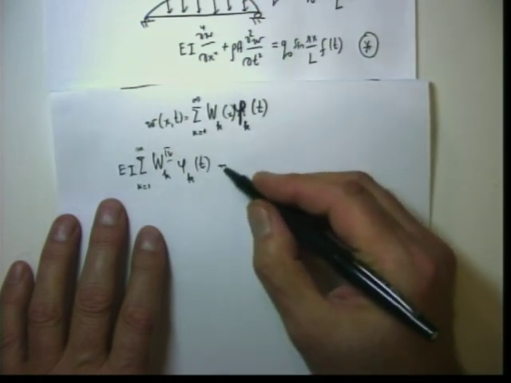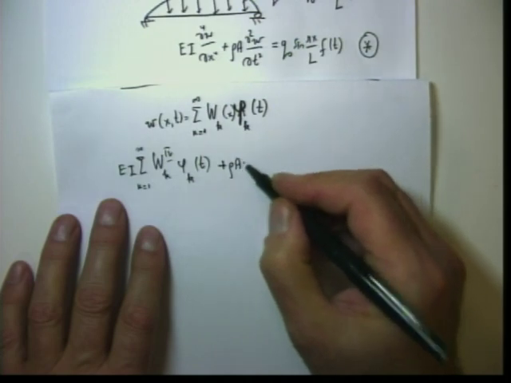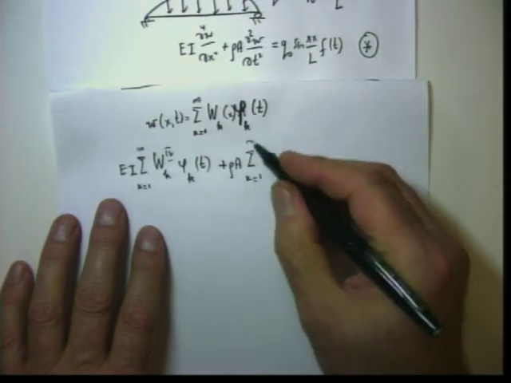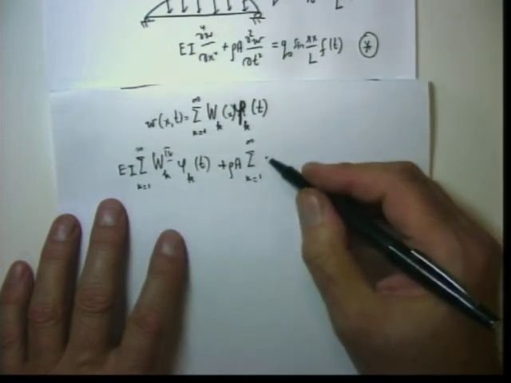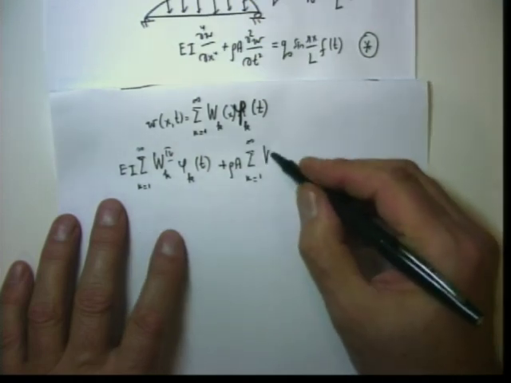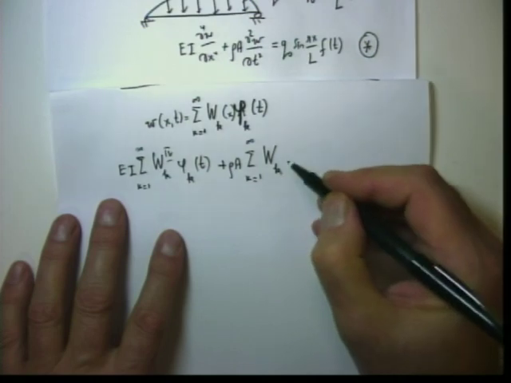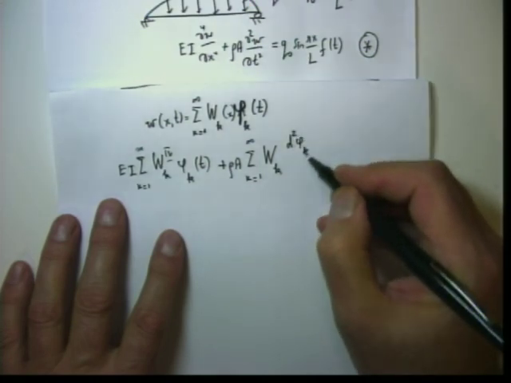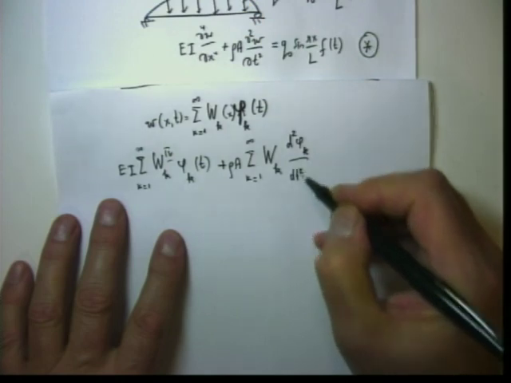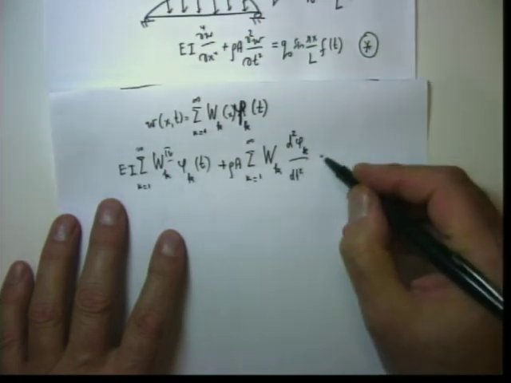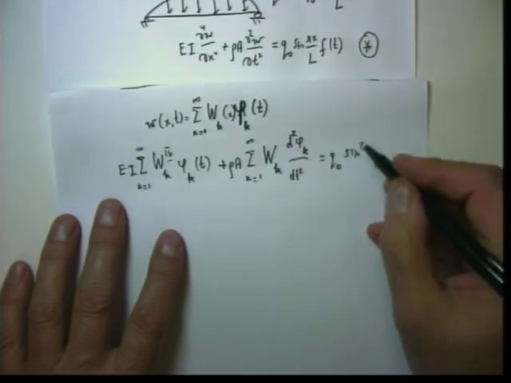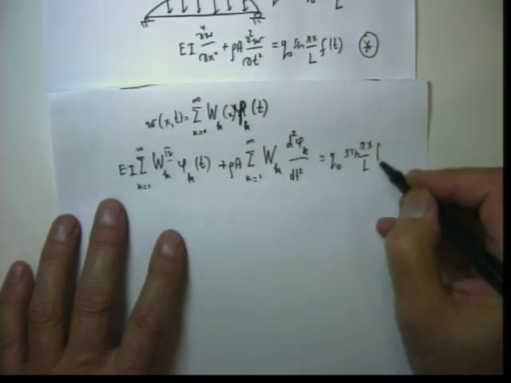And then we have plus rho a, and then summation k from 1 to infinity, and then we have the second derivative with respect to t. That means that wk will stay as is, and then we have d2 phi k dt squared. And this equals q sub 0 sine pi x over L f of t.